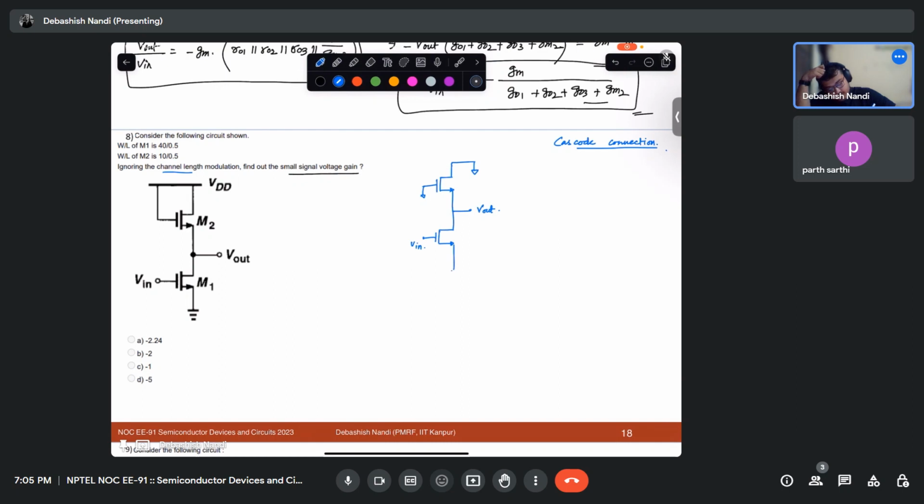So how will you find this small signal gain? Find the small signal gain, W by L. This is V in. So what is the current flowing in this? gm V in, right?